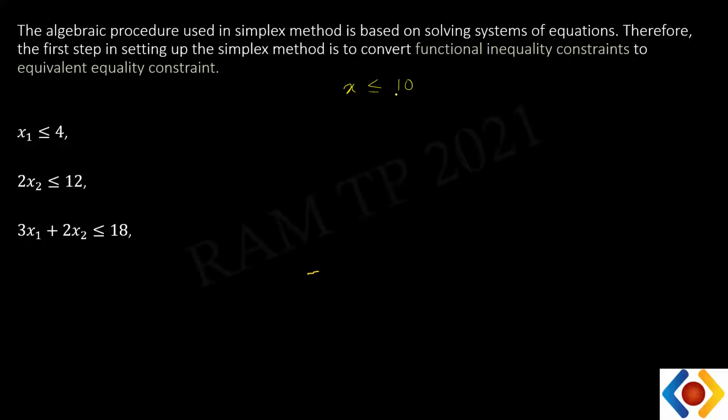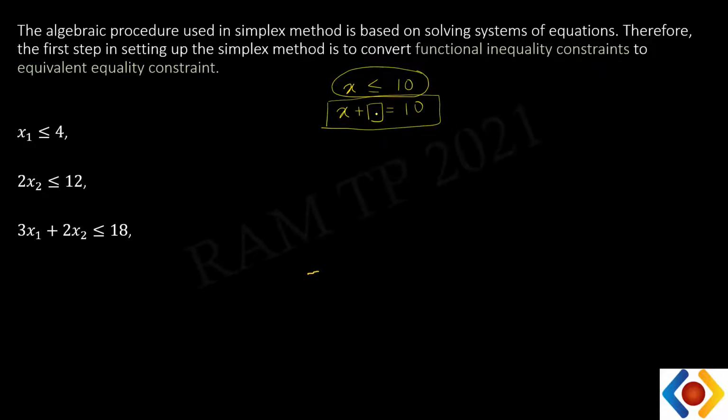So if I want to write this as an equality, can I introduce another variable and say x plus something is equal to 10? What I did is convert this inequality into an equation by introducing this box.